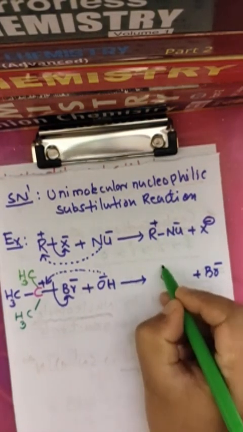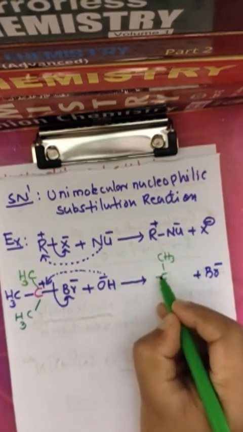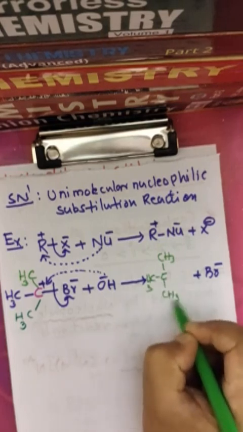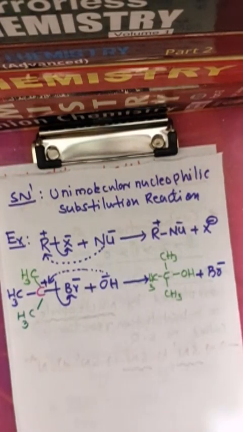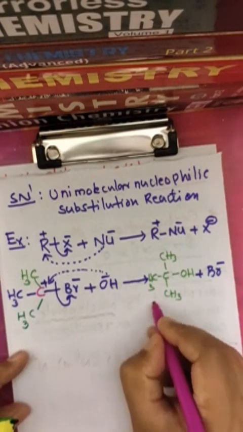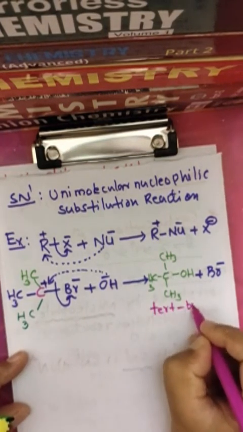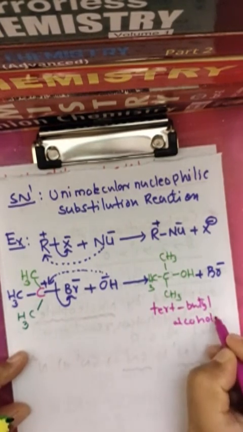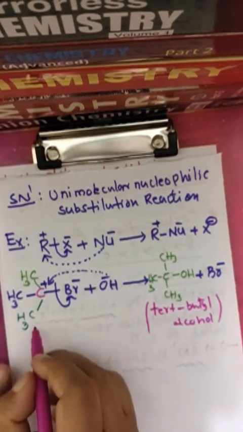CH3 and this is OH. Tertiary butyl alcohol. What you are getting? Tertiary butyl alcohol. Tertiary butyl bromide is converted to tertiary butyl alcohol.